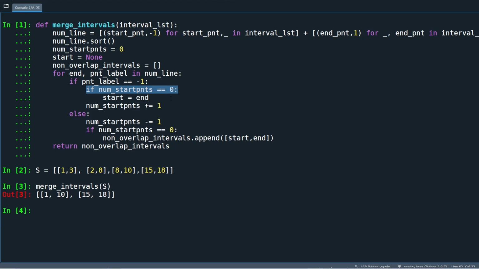It will update the starting point and increase the number of starting points. Otherwise, just increase the number of starting points. If it sees an ending point, it will decrease the number of starting points and also check whether the number of starting points is 0. If it is 0, it means we found a non-overlapping interval.